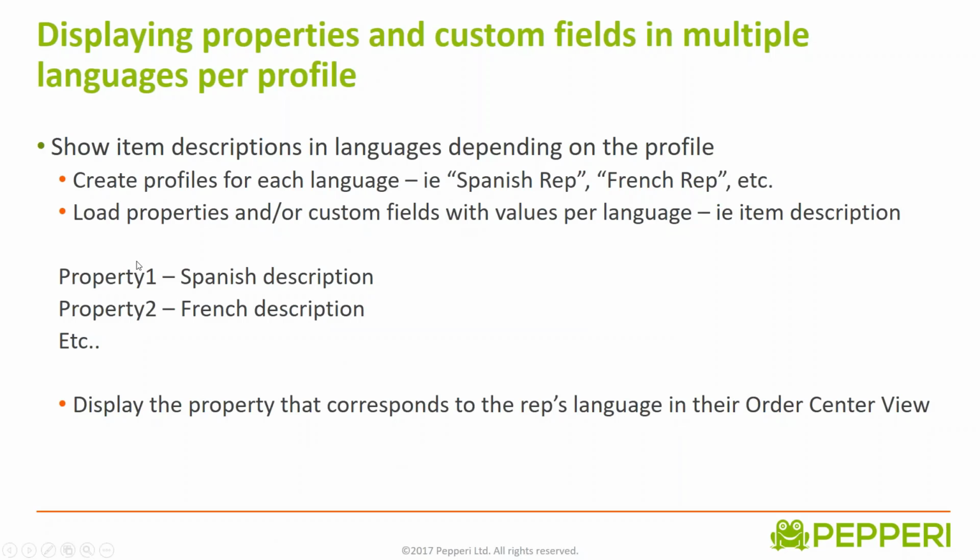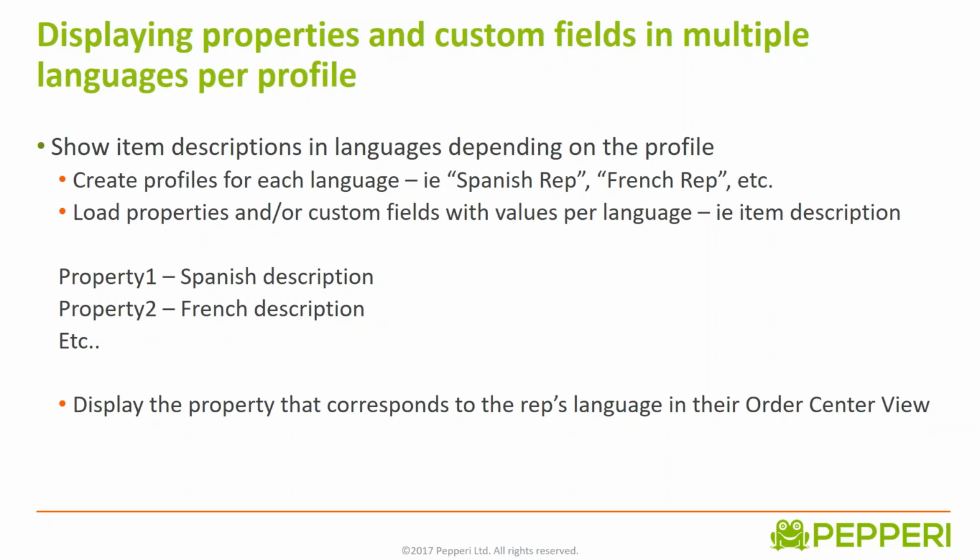We have, of course, the out-of-the-box fields, like the item code, description, price, retail price, wholesale price, many different types of flags on the item, Boolean fields, and all those are built-in Pepperi fields in our database. But you have 8 property fields that are just called property 1, 2, 3, 4, up until 8, that are user-defined. You can put any information you want there.